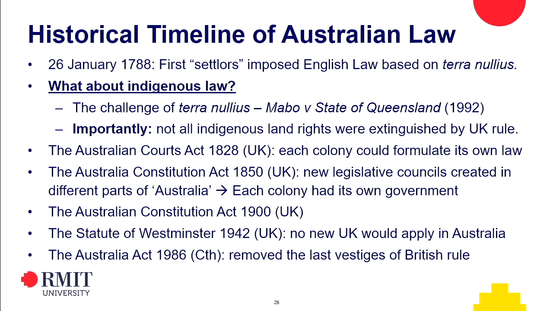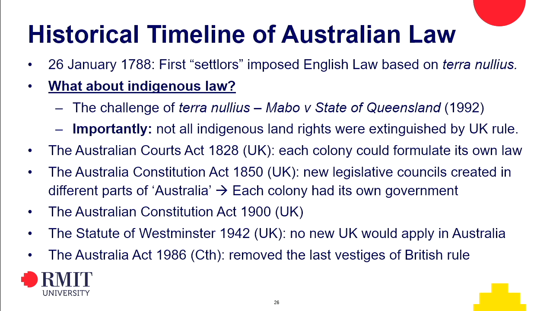So there's a big case, Mabo and State of Queensland in 92, which was a really powerful case for the Indigenous people, and it said that not all their legal rights were extinguished by this concept of terra nullius. So the Indigenous people still have certain land rights that were not extinguished by UK rule. That's an incredibly important underpinning principle of our Australian legal system. But for everything else, we follow the UK legal system.